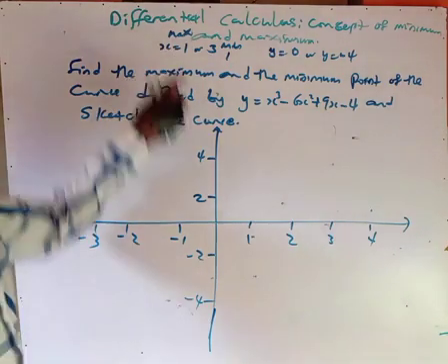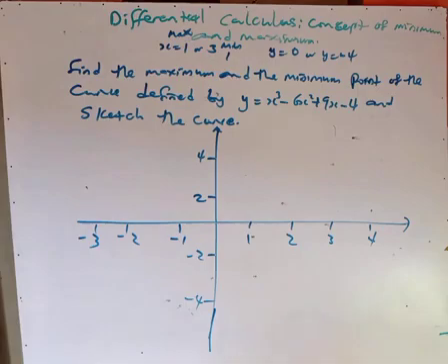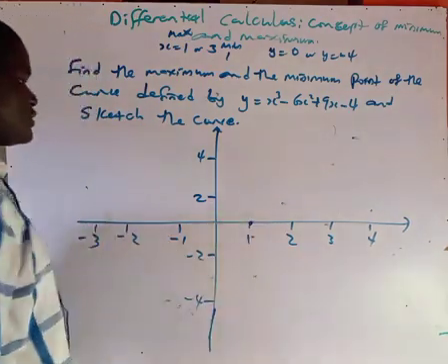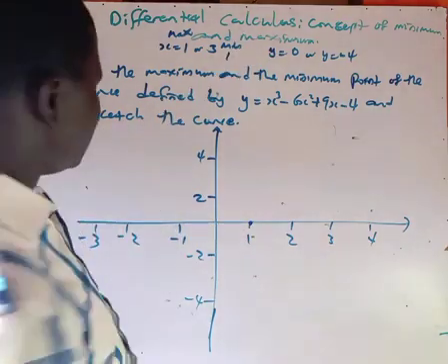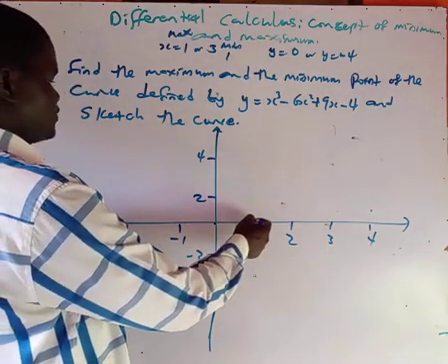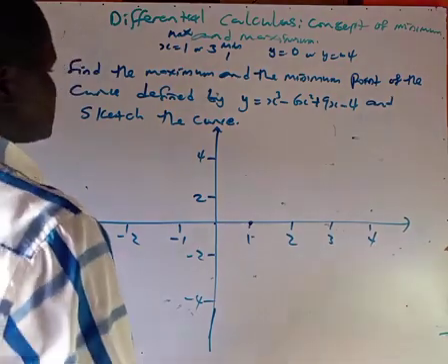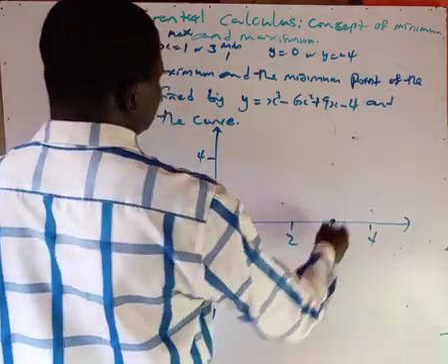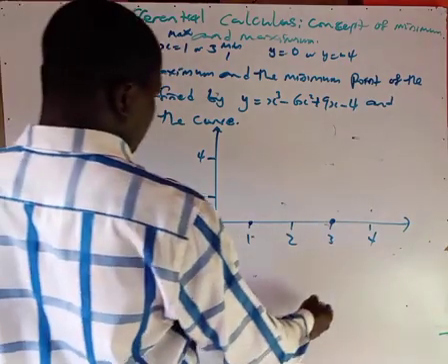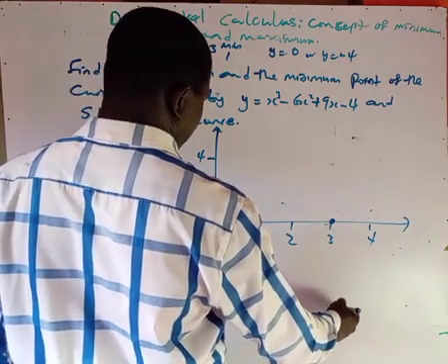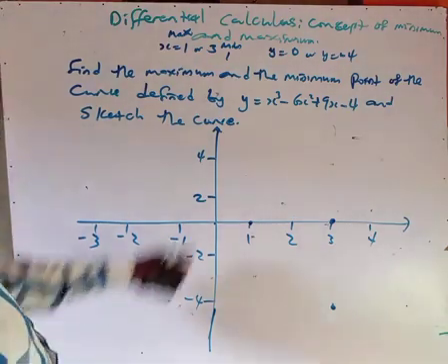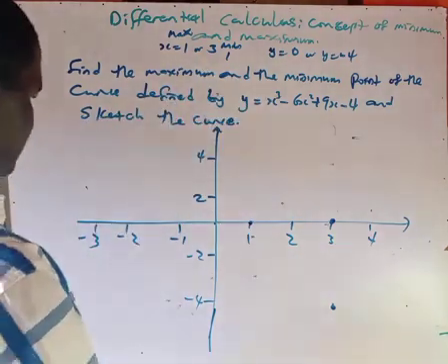Then you want to draw it now. When x is 1, y will be 0. This is 0 at this particular point. And then the second one is x equal to 3 at this particular point. Then y will be minus 4 here. So here is the minimum.